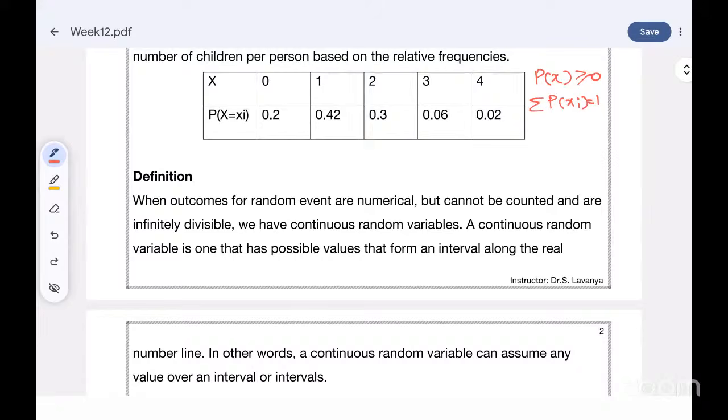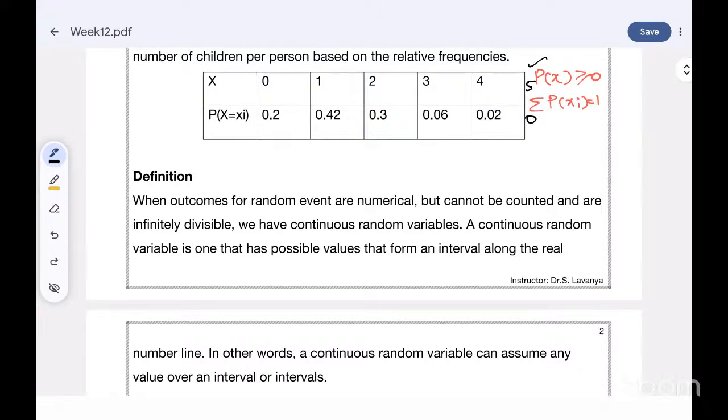Suppose you have random variable values 0, 1, up to 5, and you are also considering the case of 5, but let's say the probability there is 0. That is also fine. I assume that 5 is there in the random variable x and the corresponding probability is 0.